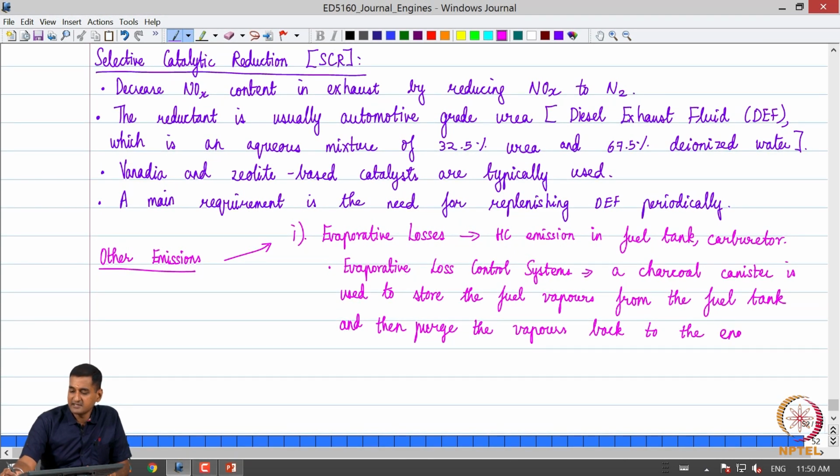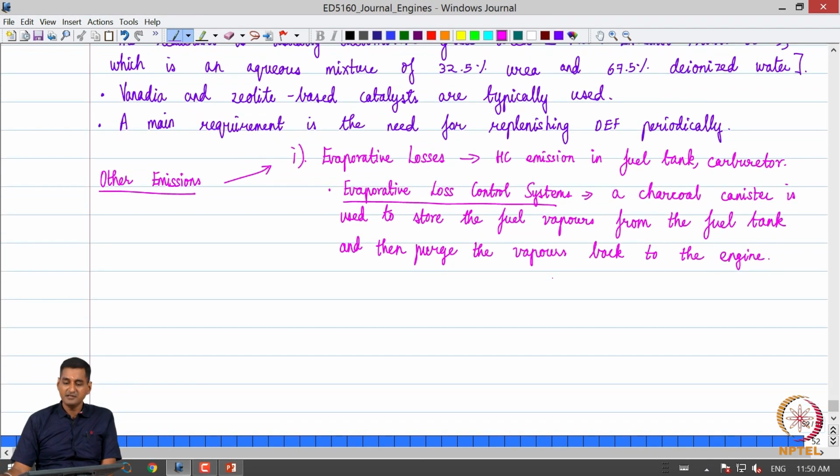So that is the evaporative loss control system, which is used to address this vaporization in the fuel tank.